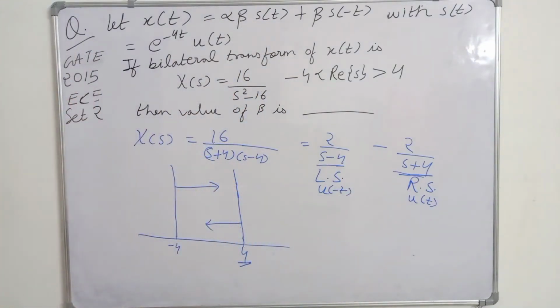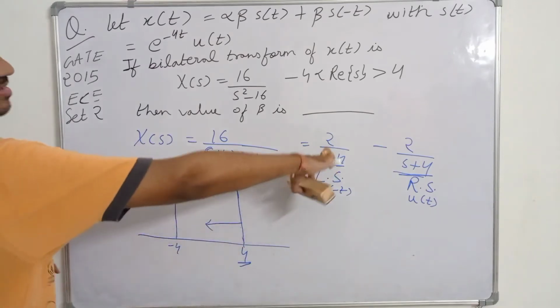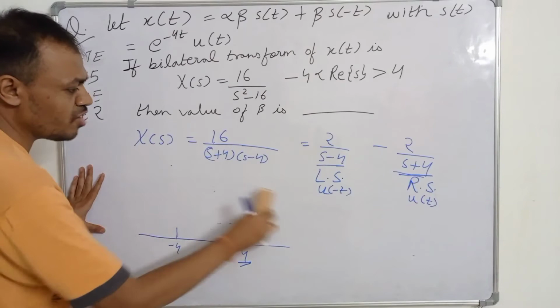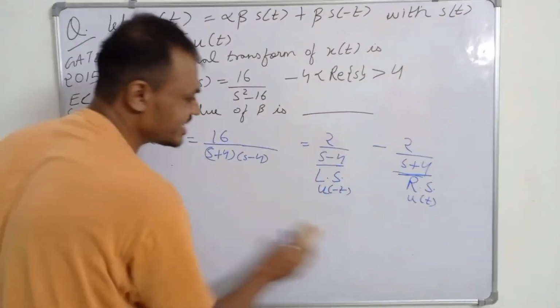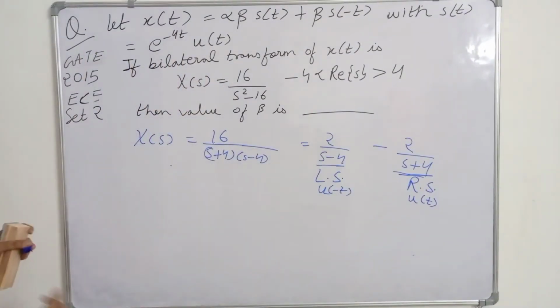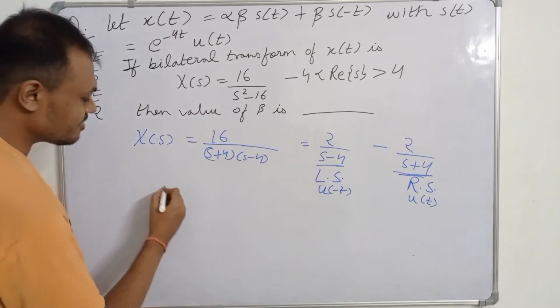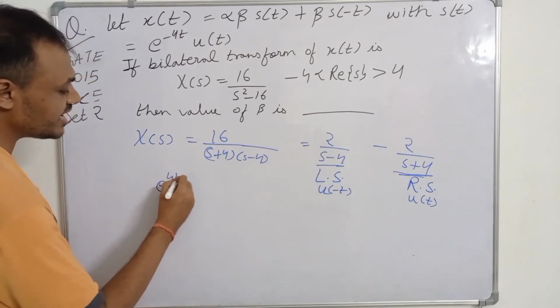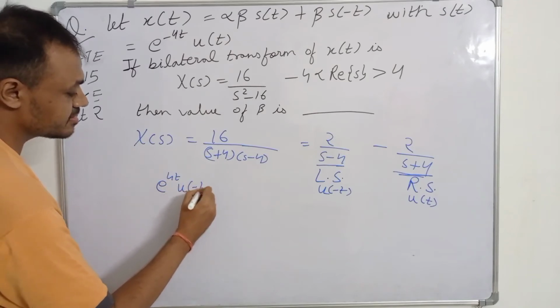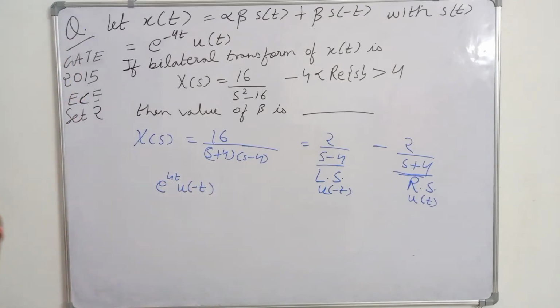So this is the conclusion from the ROC: this term must contain u of minus t, and this must contain u of t. So this must be e to the power 4t u of minus t.